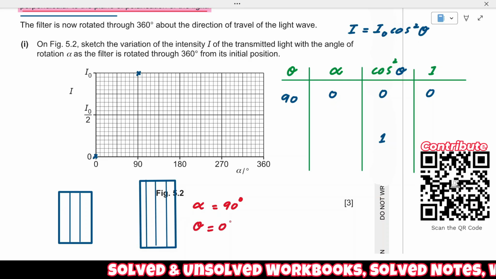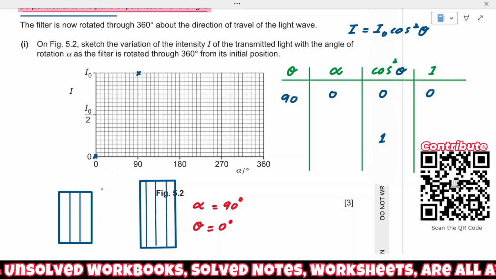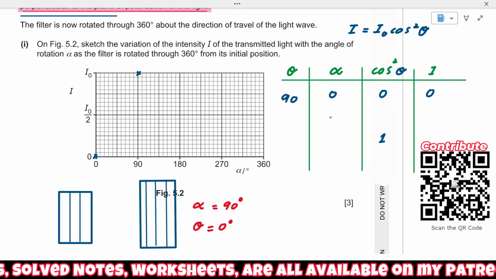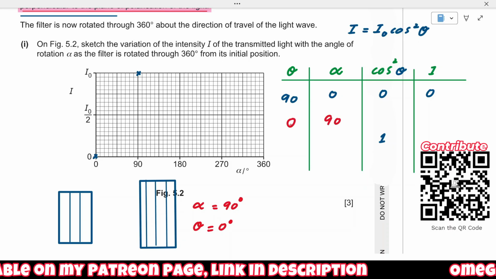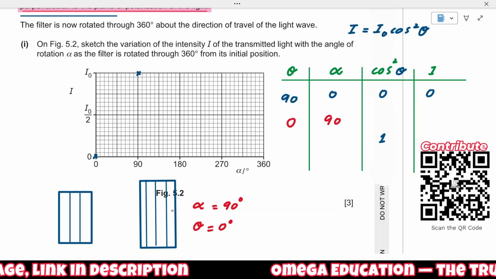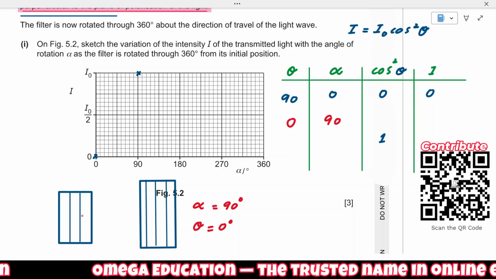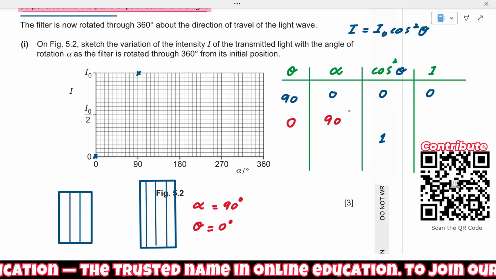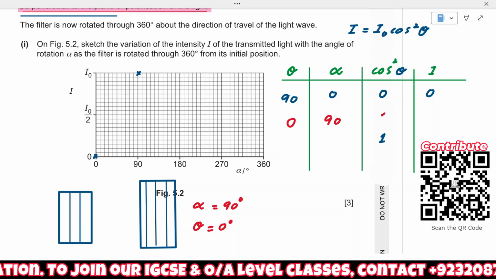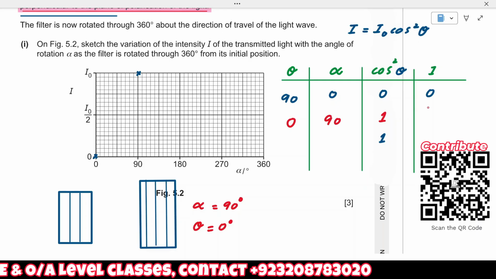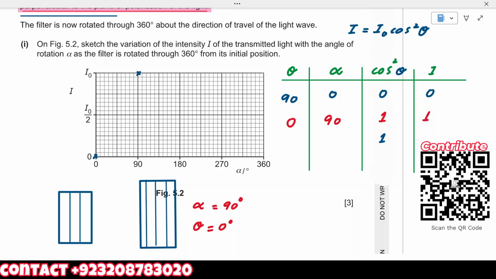Now it is 0. You see, both are vertical now. So when alpha is 90, the angle theta of the second filter with respect to the first one becomes 0. Hence cos 0 is 1 and square of 1 is 1, and I will be maximum, which is I naught.